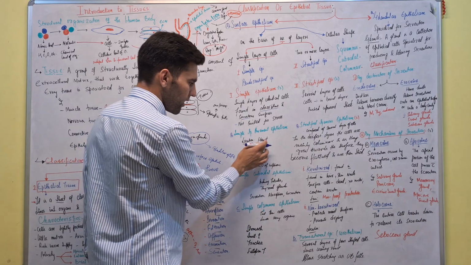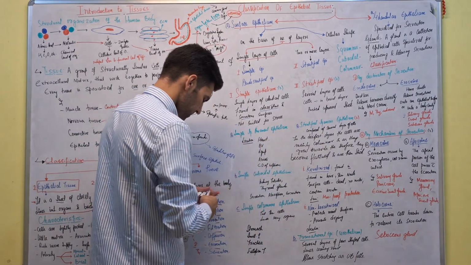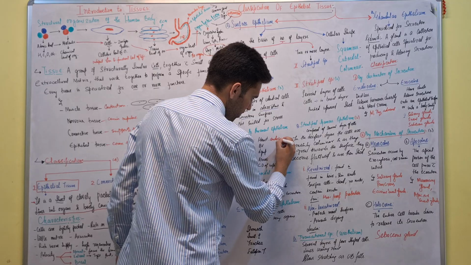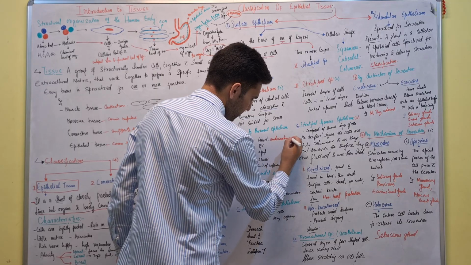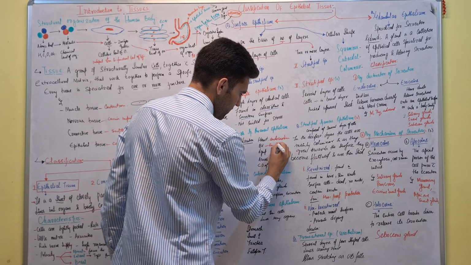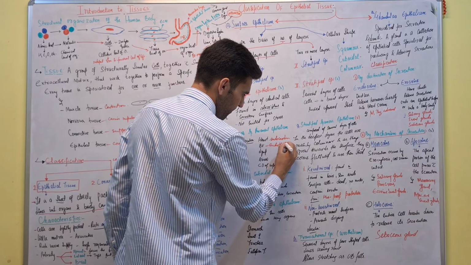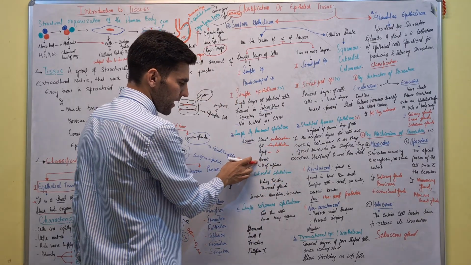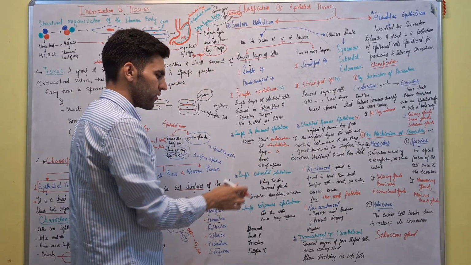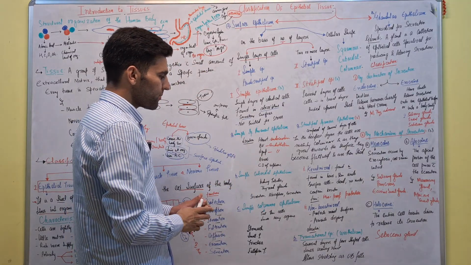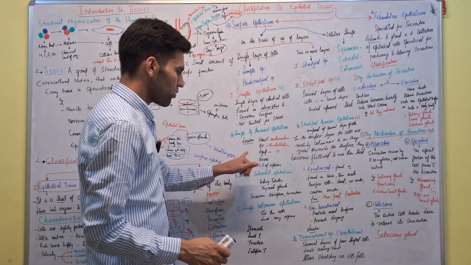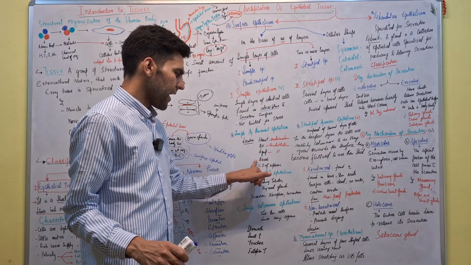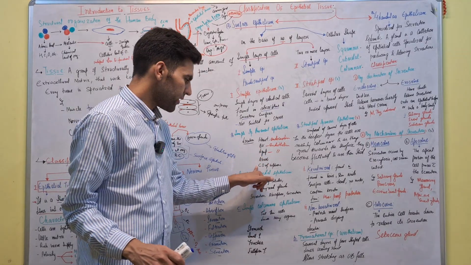It is located in the heart as endocardium, in the blood vessels as endothelium, in the lymph vessels as endothelium, as well as in the alveoli and collecting duct of nephrons.